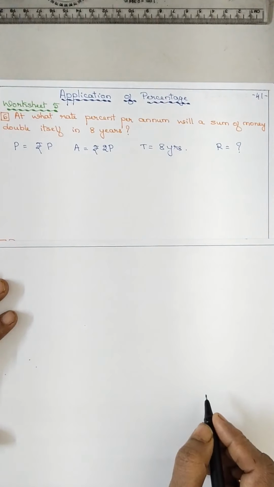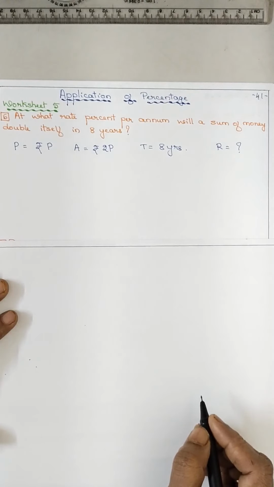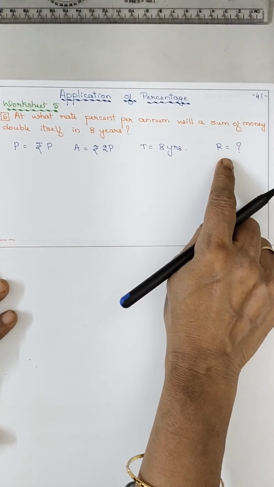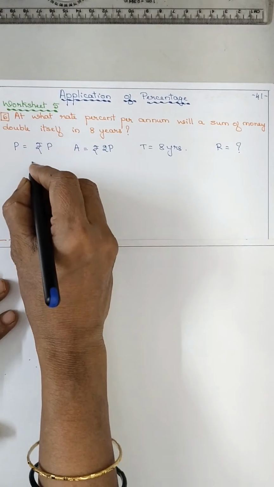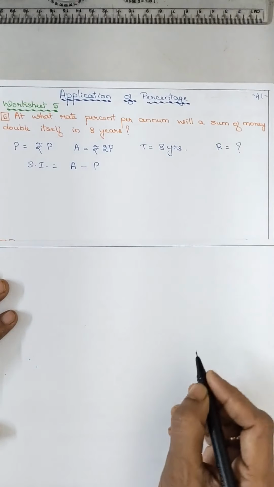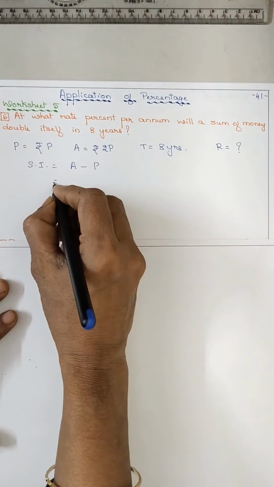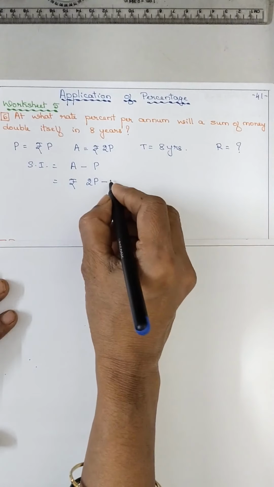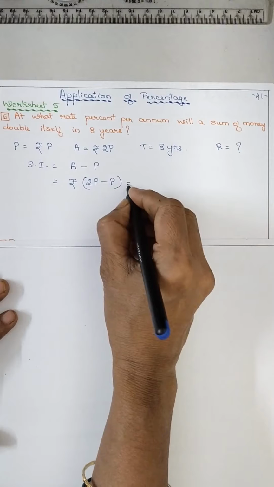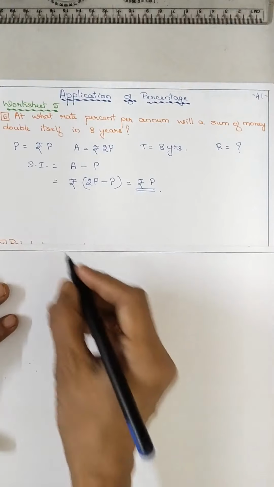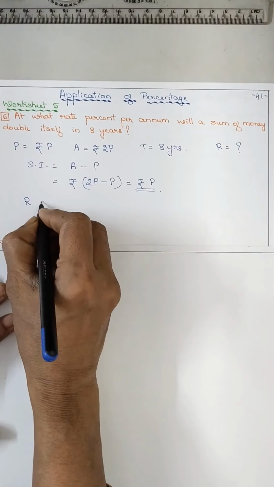Now when principal and amount are given, SI you can find out, because to find R we want SI. So SI is equal to, what is the formula? Amount minus the principal. Amount, how much is it given? 2P minus principal P. So SI will be rupees P. Now R, what is the formula?